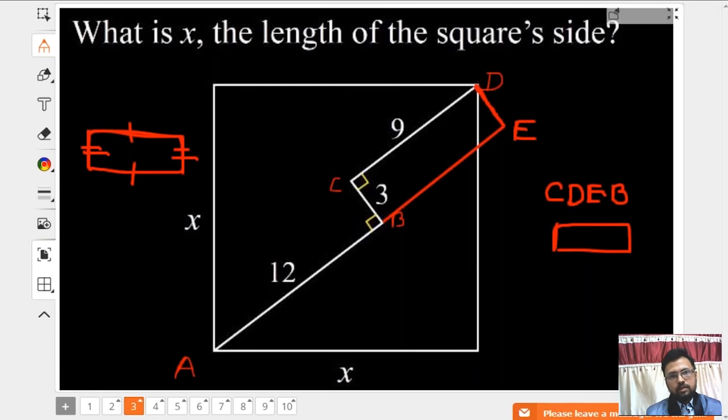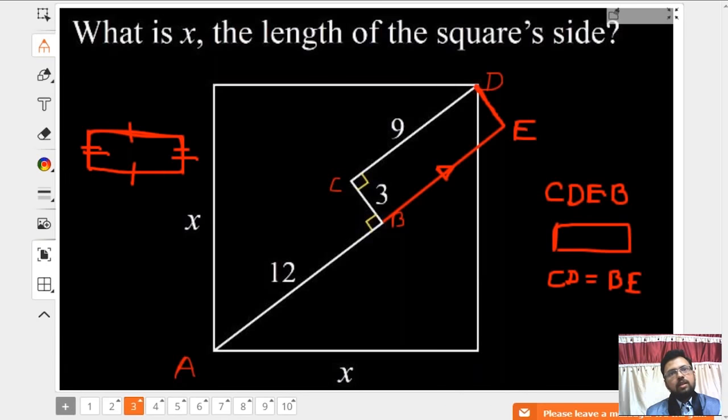This is a rectangle by construction. Now, what is the advantage of this? Which sides will be equal? CD will be equal to BE, opposite sides of the rectangle.